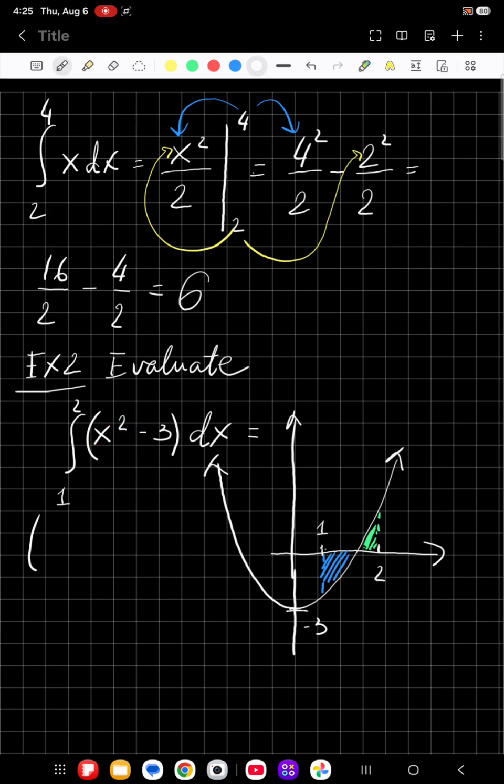So it's going to be x to the third divided by 3. And here we have a constant, and you can think of it as 3 times x to the 0 power. Let me write it.